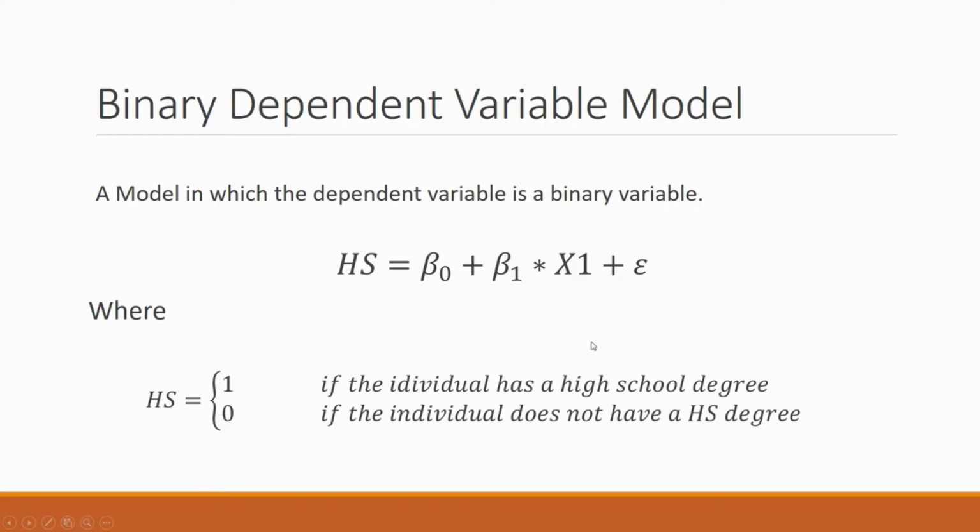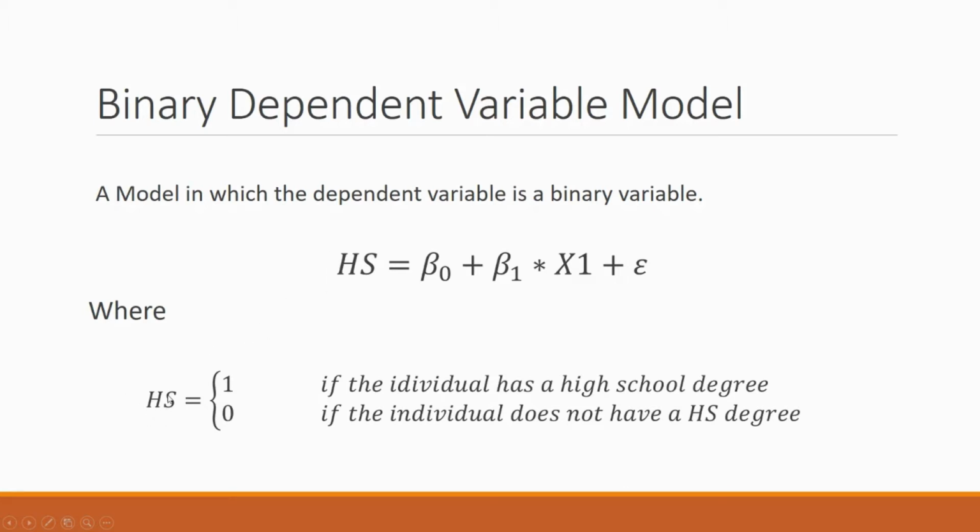All right, now a binary dependent variable model. A binary dependent variable model is where the dependent variable, where we normally have y, for example. In the past we've always had income or wages or some continuous variable. But now we have a model where the dependent variable is a binary variable, like our high school degree variable.